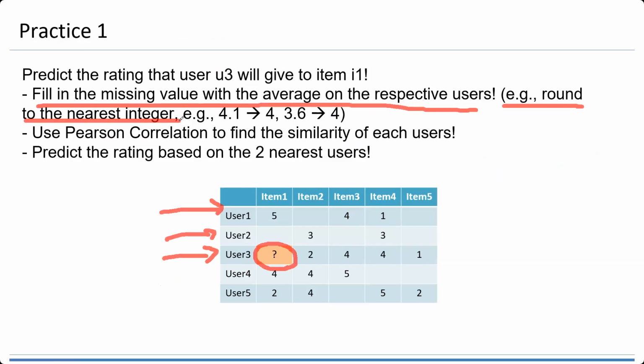Maybe it is easier for the computation. You can make it a rounded value. For example, if the value is 4.1, then you can round to the nearest integer, this is 4. If the average is 3.6, it is more than 0.5, then you can round it to 4.